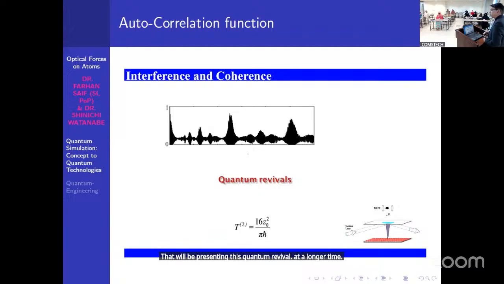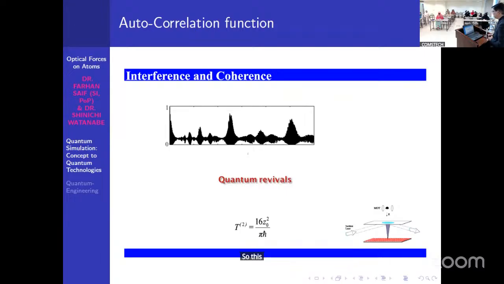But if there are structures on the surface, and this needle is going up following the surface structure, this will reduce the distance between the atom and the atomic mirror. The reduced distance will make the revival happen at a lesser time. So the change in the revival time will give us an understanding about whether there is surface structure or not.